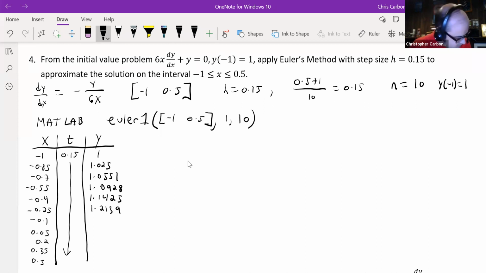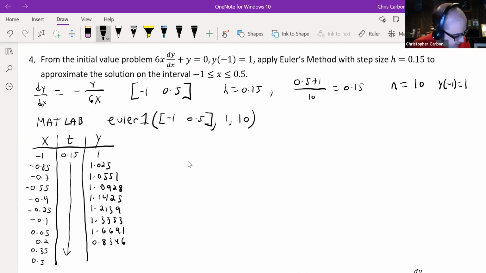1.2139. For -0.1, that was 1.3353. For 0.05, that was 1.6691. For 0.2, that was 0.8346.